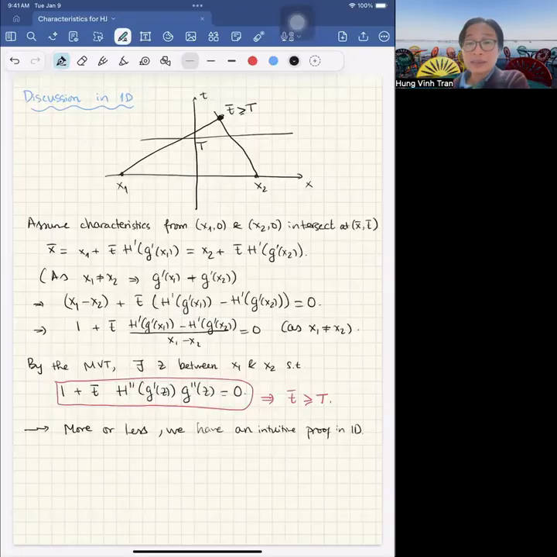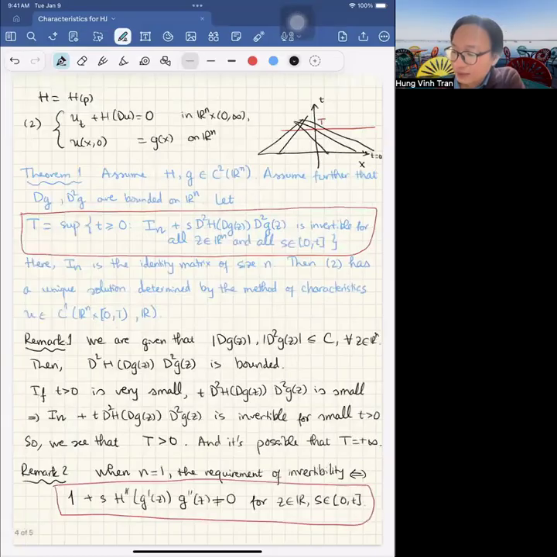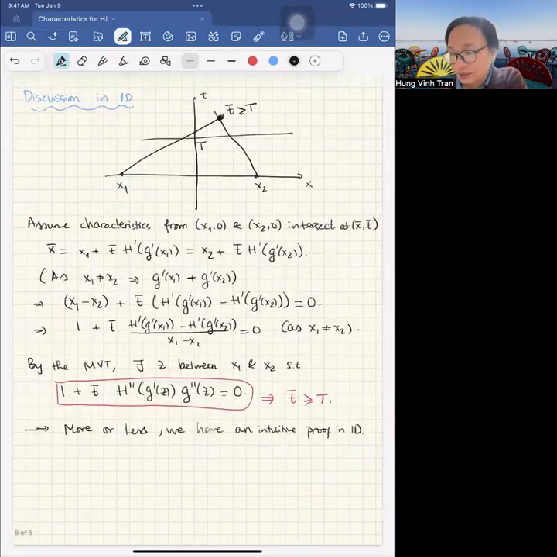As I said, this is not yet a full proof because the statement of the theorem is that not only are characteristics not crossing, but that we have a solution that is unique, and it's C1, right? It's unique, meaning that your characteristics have to foliate, has to cover everything in this strip for time 0 to t, and that you have to prove your solution is C1. But nevertheless, this is kind of an idea, okay?